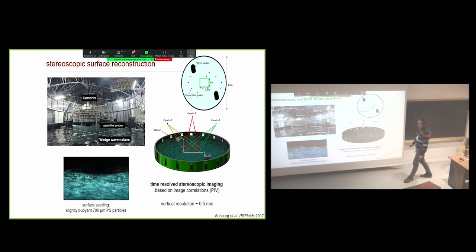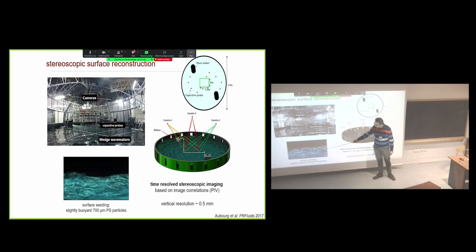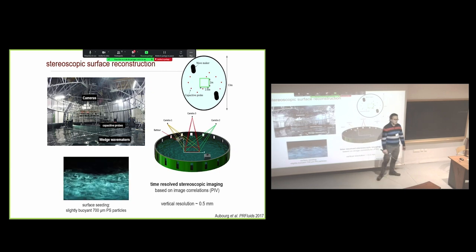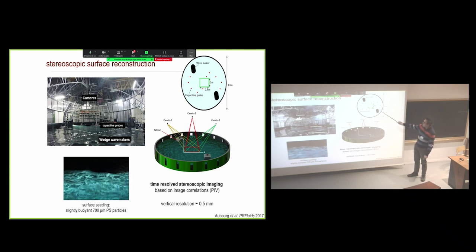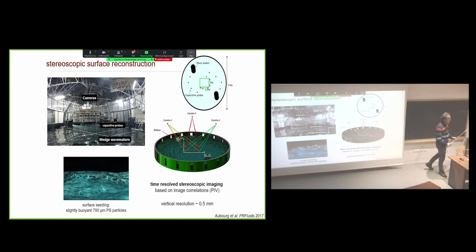So here what we do is we just put small plastic particles that float at the surface so that we can see the surface from the cameras. And at the end, the cameras look at a part of the tank, which is like 2 meters by 2.5 meters, typically in the middle. And because the conditions are a little bit easier than in the ocean, we have a fairly good vertical resolution of the measurement, which is about 0.5 millimeter.